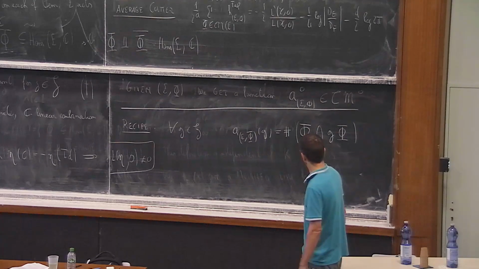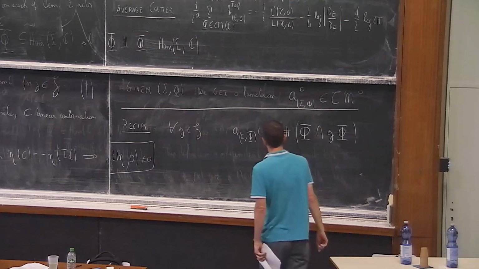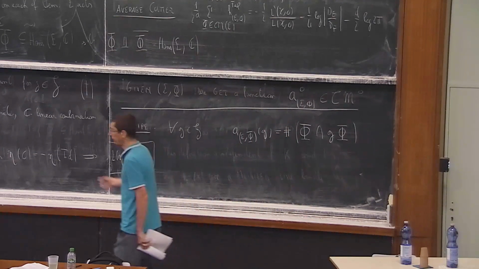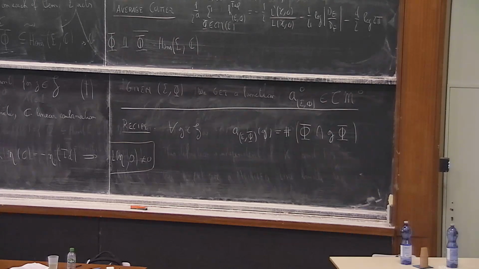Okay? So every embedding of E into the complex numbers, of course, by the way I define Q^CM, factors via Q^CM, right?